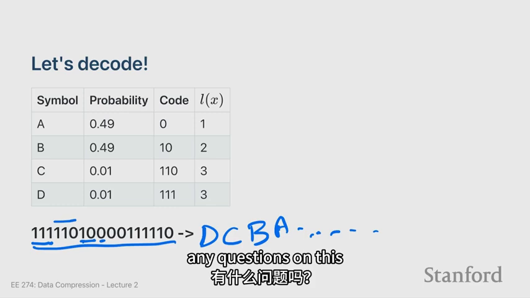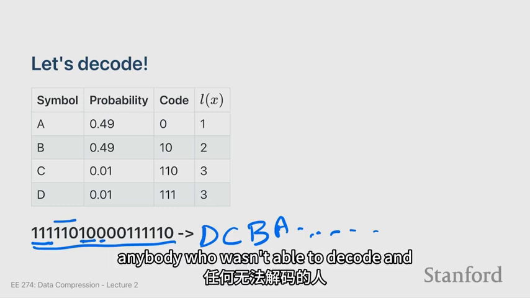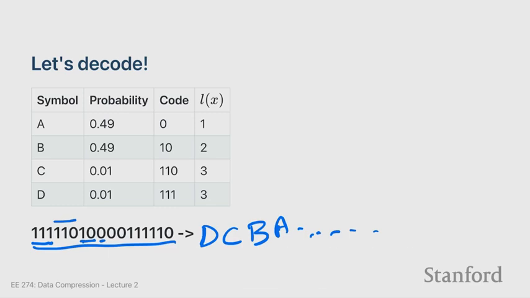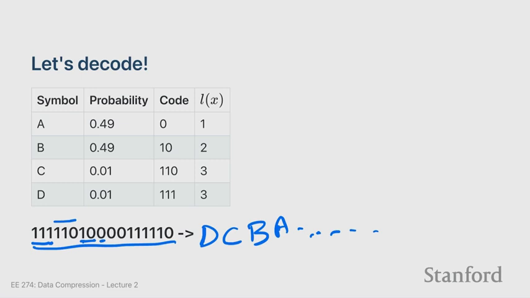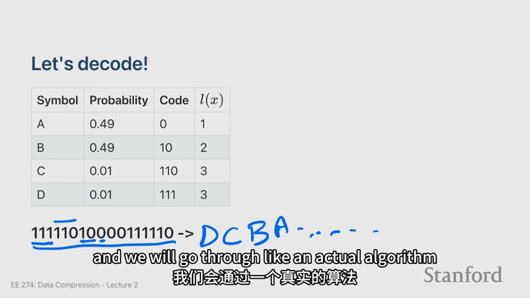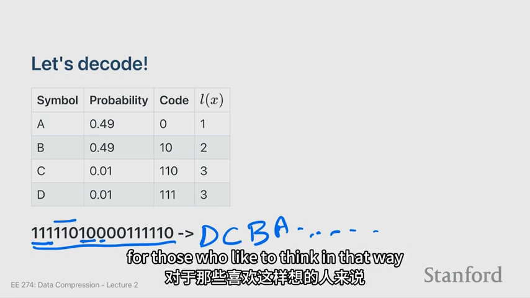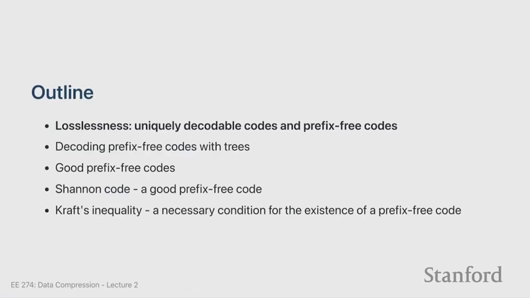Any questions on this? Anybody who wasn't able to decode and doesn't fully understand the process right now? Okay. And we will go through an actual algorithm for those who like to think in that way.